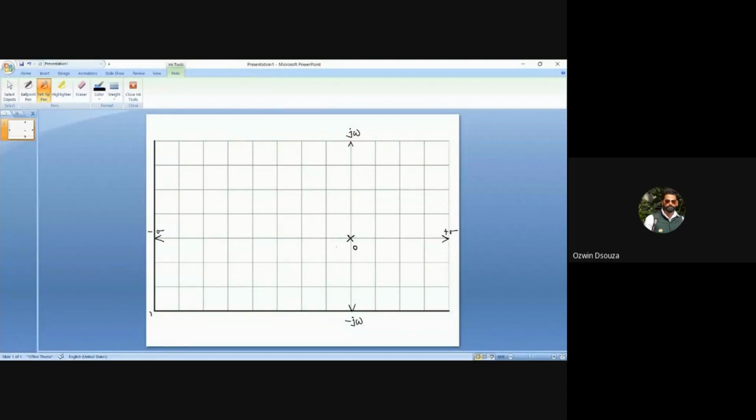So this is 0, this is -1. Okay, we will do one thing. We will take slightly a bigger scale. So let's say this is -1, -2, and this is -3.